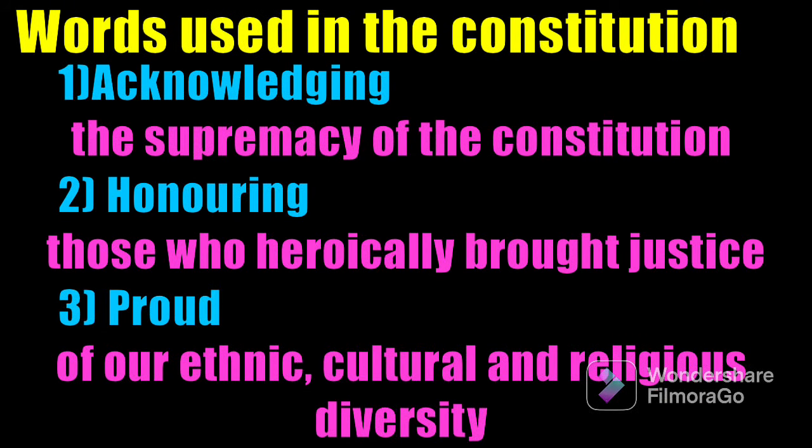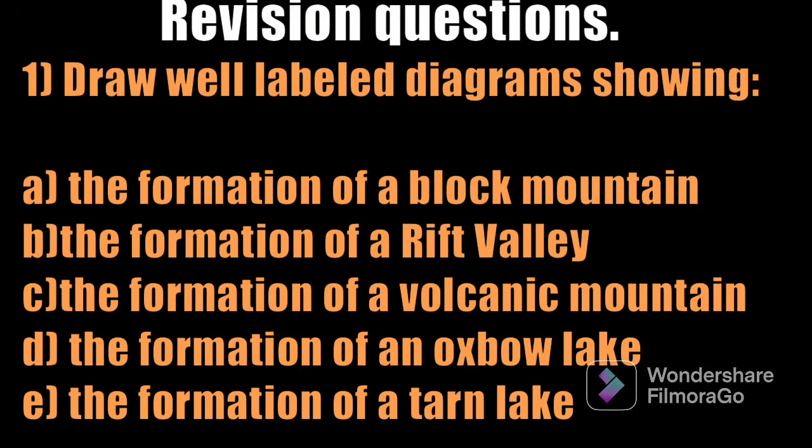Question number 1. Draw well-labeled diagrams showing 1. The formation of a block mountain. 2. The formation of a rift valley. 3. The formation of a volcanic mountain. 4. The formation of an oxbow lake. And 5.